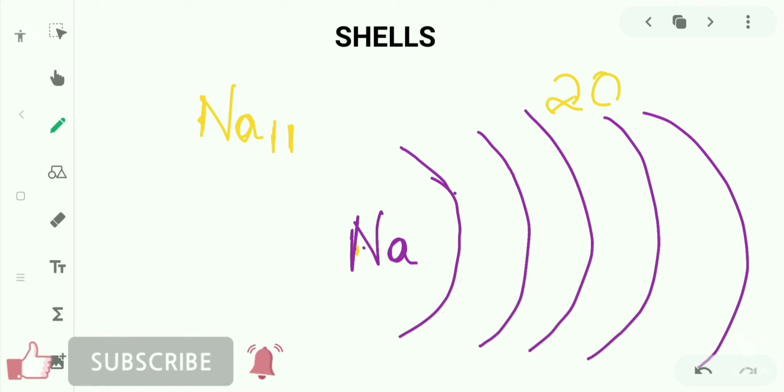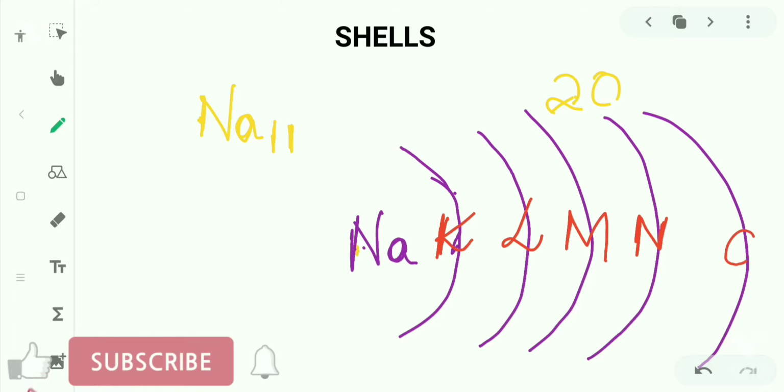If they ask what is the name of the first shell, it is the K shell. Then L, M, N, and O. It goes on like that. Don't ask what is the shell after Z, it is not in your syllabus.